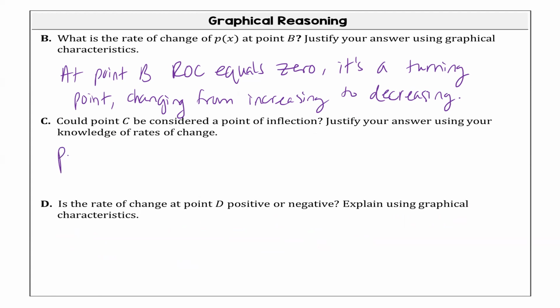So point C is a possible PI. Why is it a possible PI?